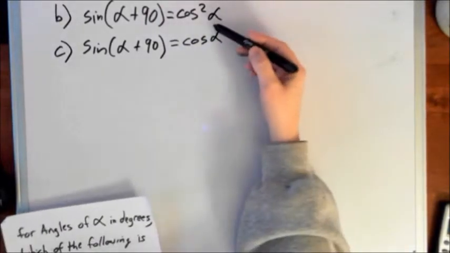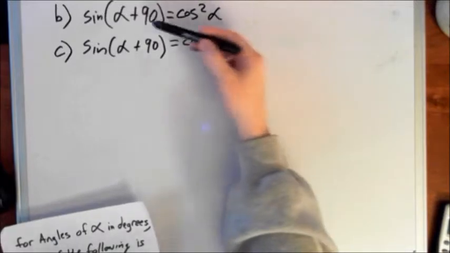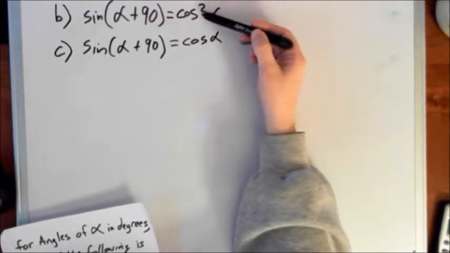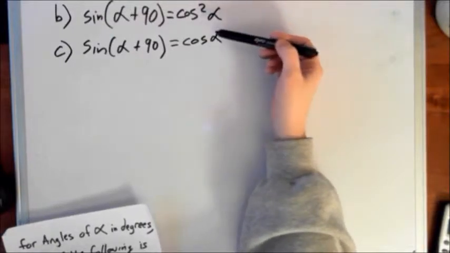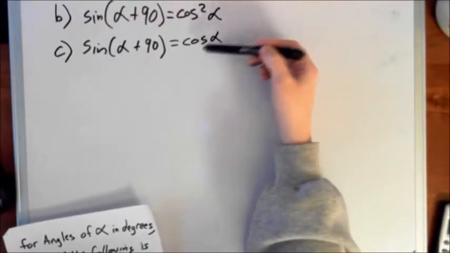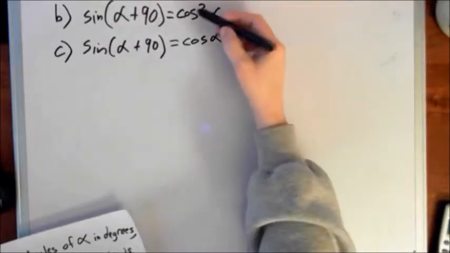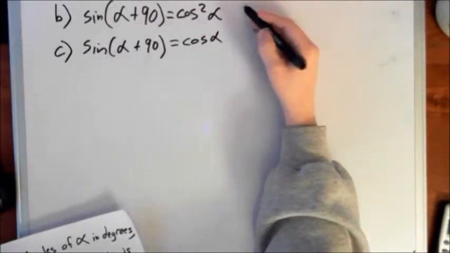So when I look at these, I want to look at these together because they're very similar. The only thing that changes is this has a cosine squared component, and this has just a cosine of the angle component. So when I look at this, what does it mean?